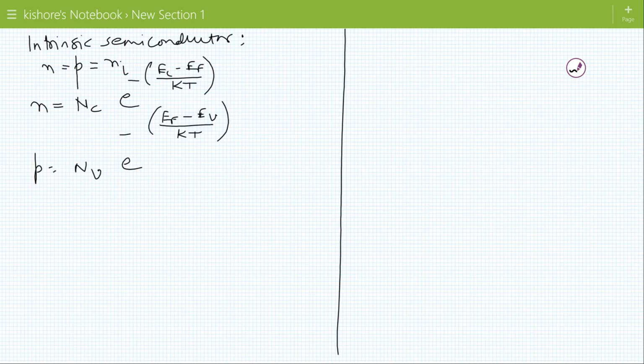So in case of intrinsic semiconductor, N and P both are same. So now we can equate the two expressions.